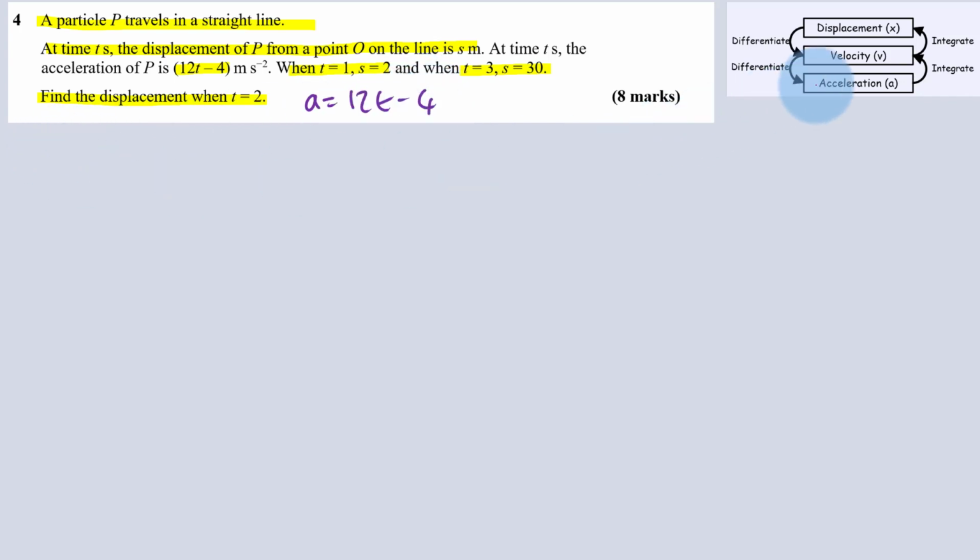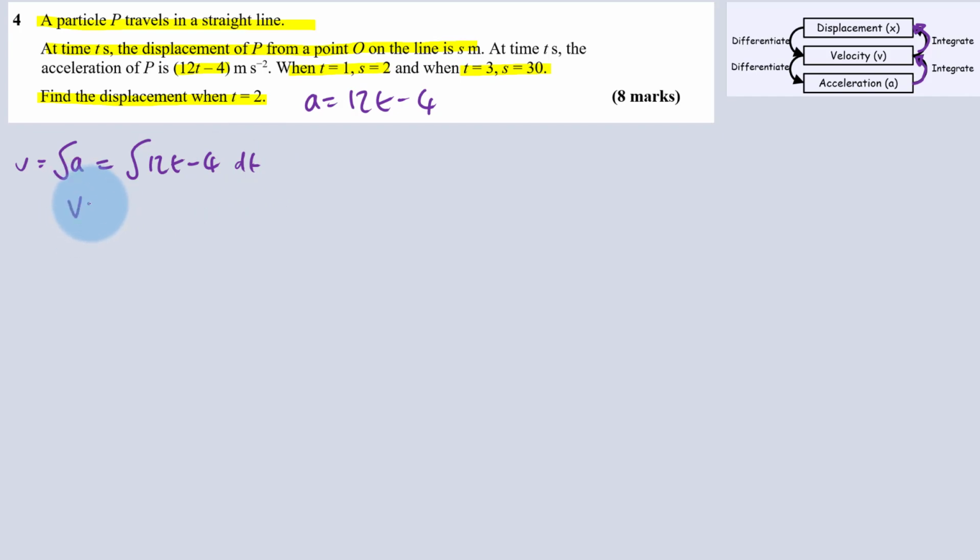So remember, if we need to find displacement, we have to integrate and then integrate again. So the integral of a, which will give you v, will equal the integral of 12t minus 4, with respect to dt.